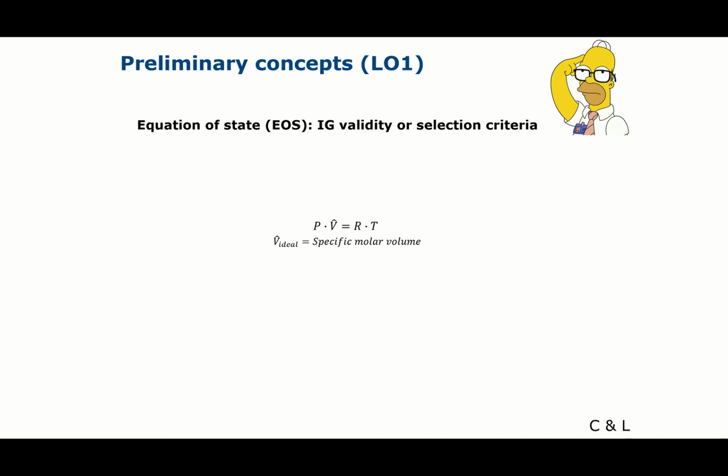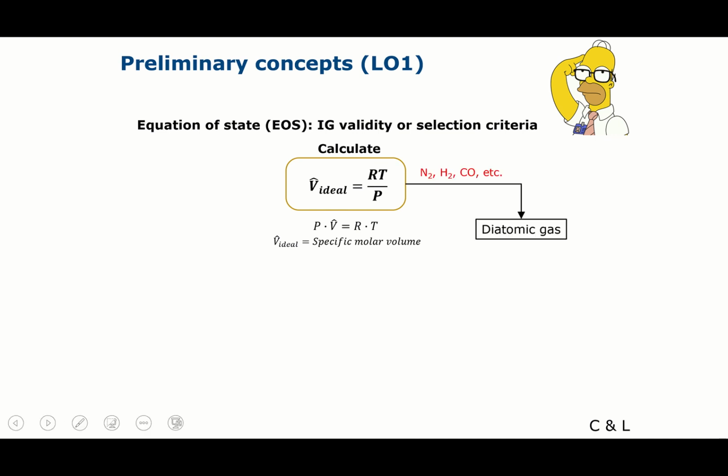So using PV is equal to nRT, this is the starting point. First of all, we will calculate specific molar volume, and that is equal to RT over P, where R is the universal gas constant, T is temperature, and P is pressure.